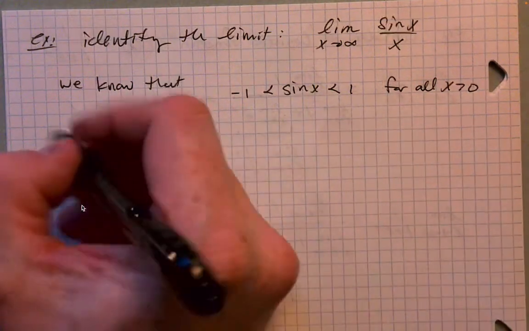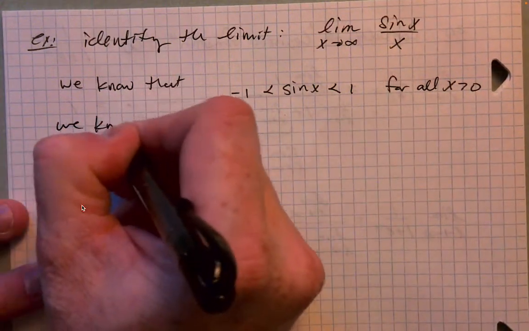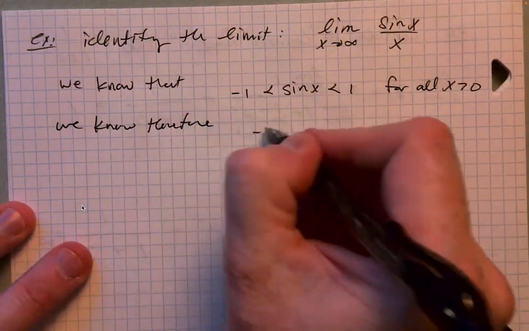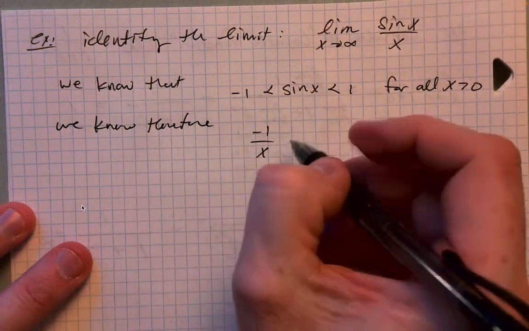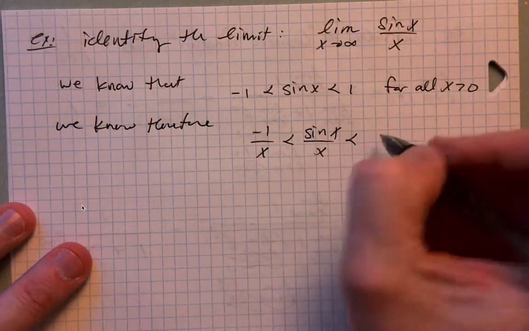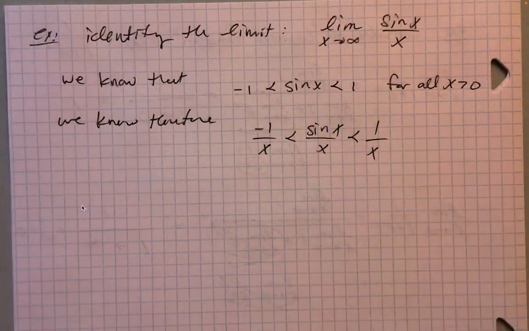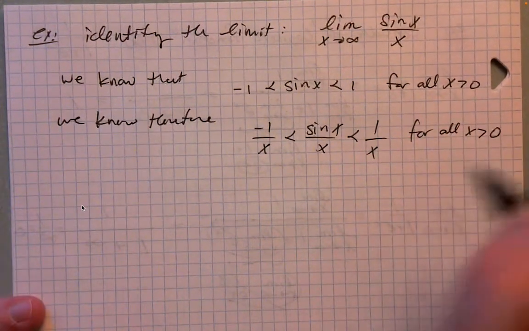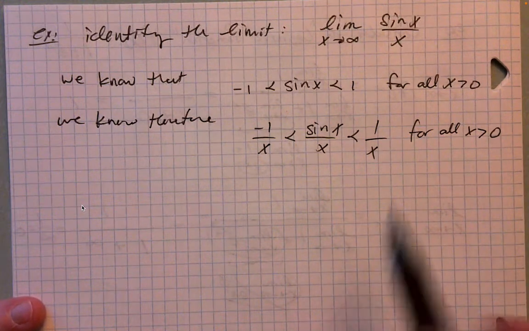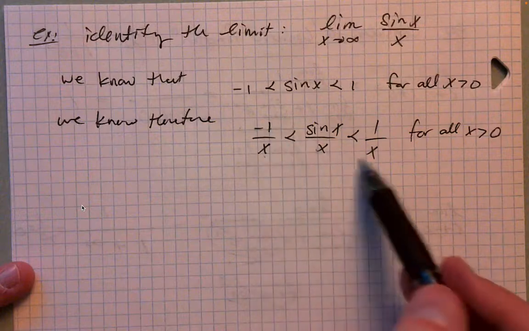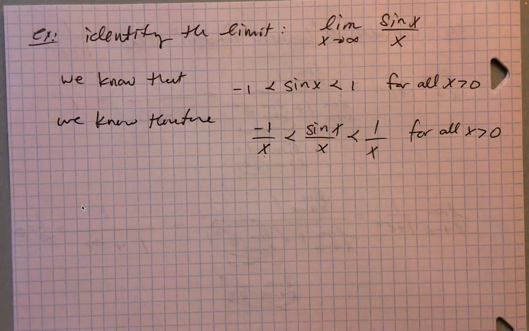And so we also know, therefore, that -1 over x is going to be less than sine of x over x, which will be less than 1 over x for all x as well, right? Just dividing everything by x, and x is a positive quantity, so no problem, right? So we don't have to flip the inequalities or anything.